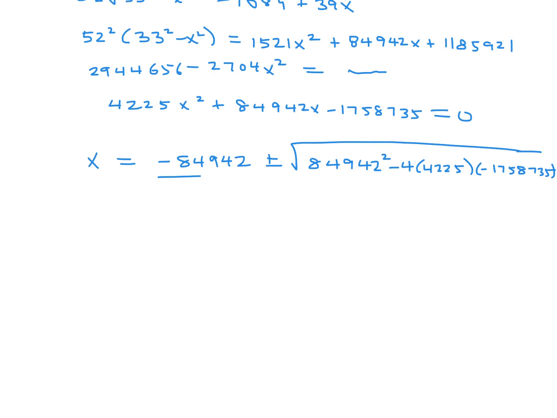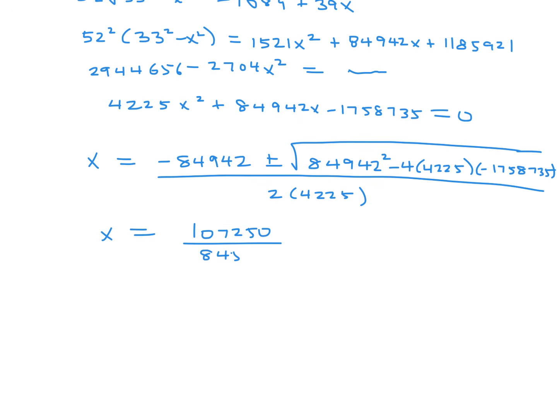Okay, all over 2a, and that's 4225. Okay, and then you crunch out these numbers. I'll let you do that. I'm sure you can. And when you do, you get down to 1,07250 over 8450.